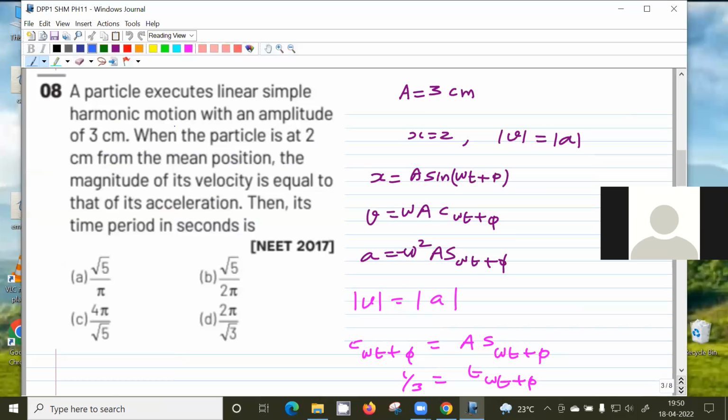Try this one. I think I'm making some mistake.